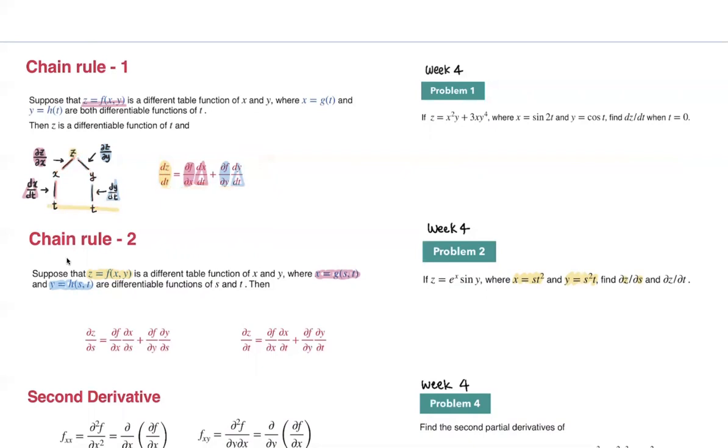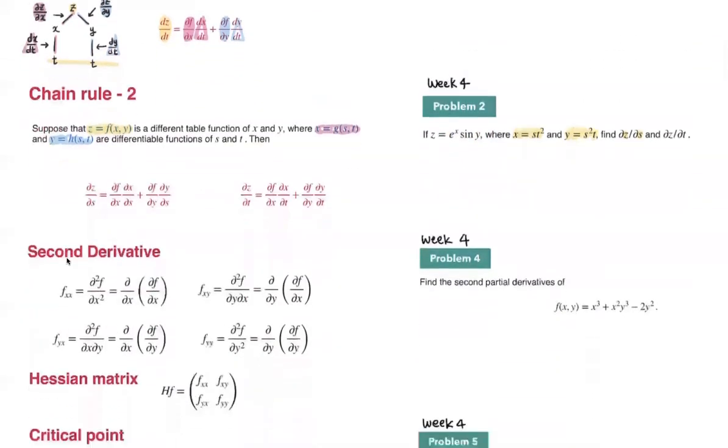But if you know this formula, then you don't need to think about this tree graph. Okay. If you forget the formula, then you can recover it by thinking about this tree graph. Okay, so we can take a derivative, and if you have one more variable, then you can do it in the same manner.